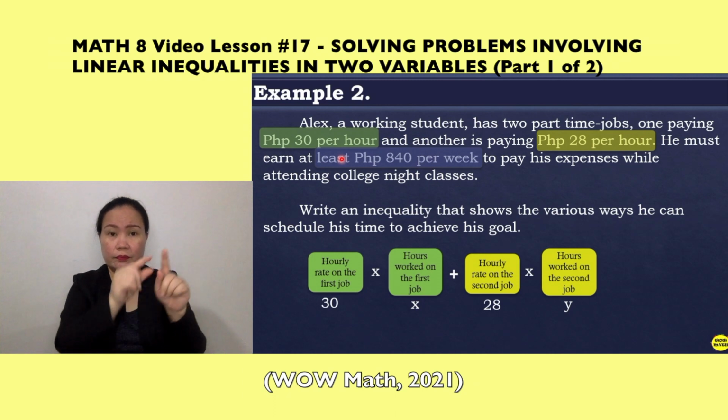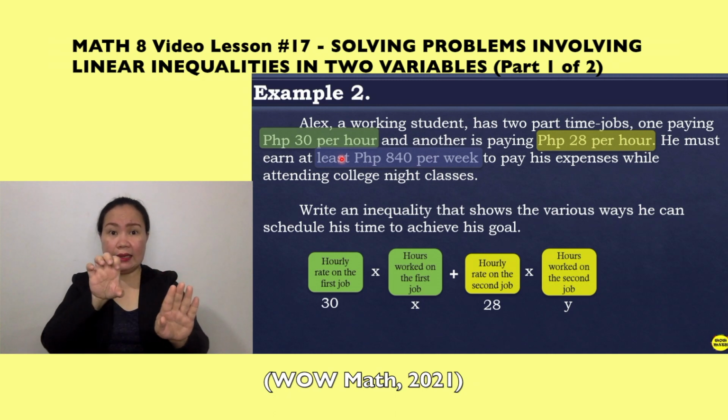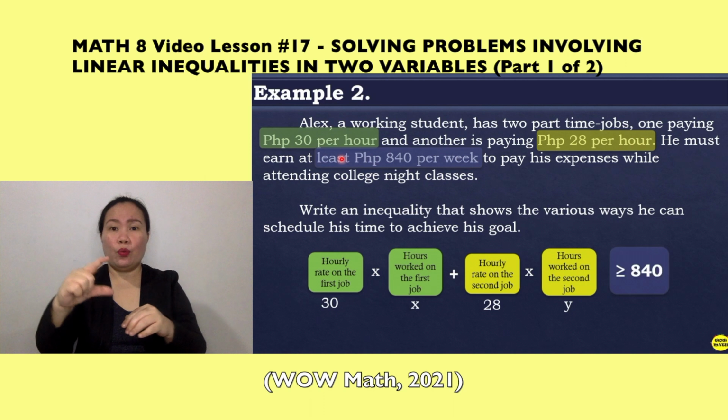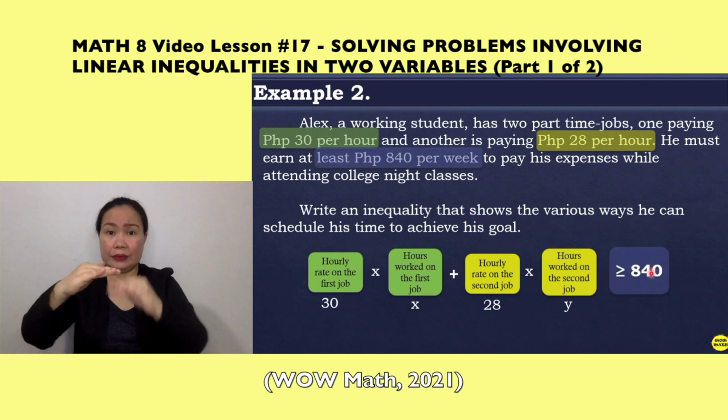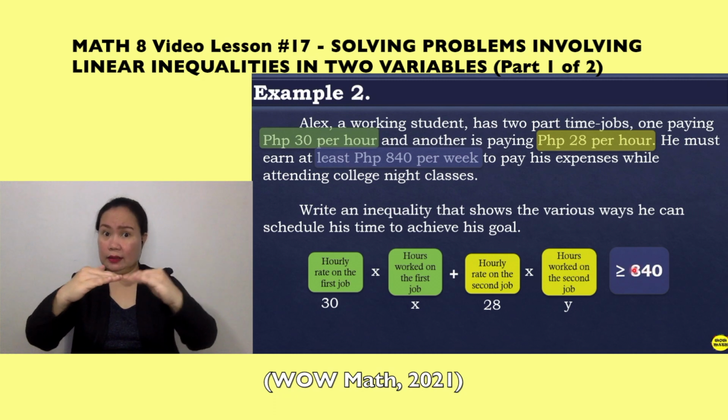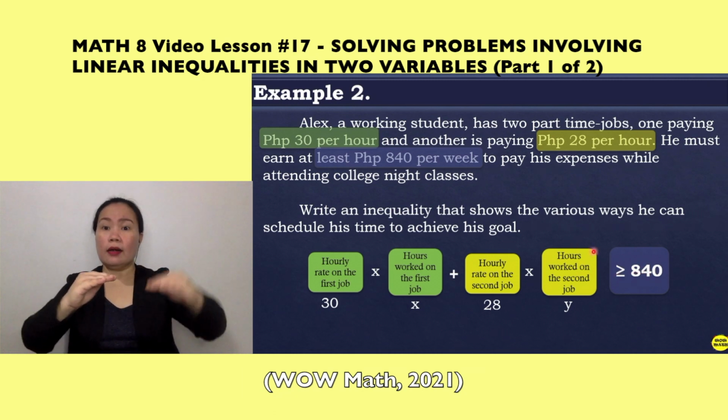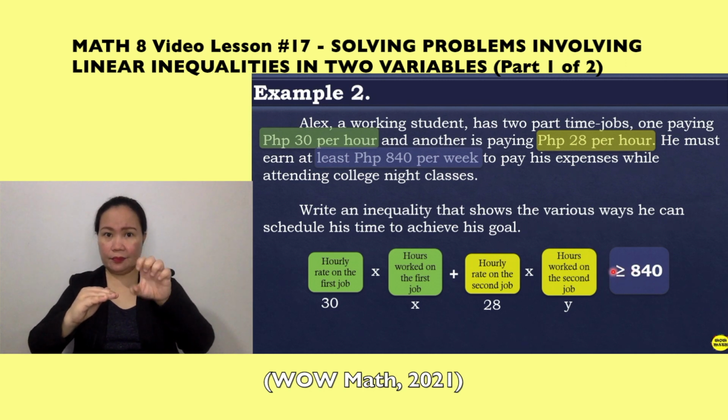So, at least means greater than or equal ang gagamitin natin dyan. So, ito po siya. Okay? So, ibig sabihin kasi ng at least, dapat ito yung pinakamababa. So, it's either, ito yung minimum na dapat kitain niya pataas. So, dapat greater than or equal. Okay? So, ito po siya.